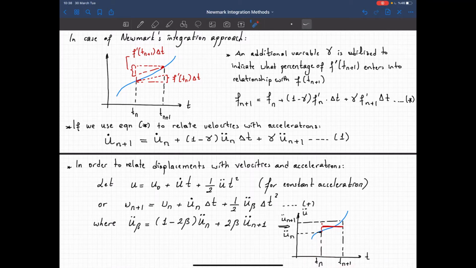The acceleration at Tn plus 1 depends on your beta value. So again, we have a still constant acceleration, but how we do the averaging between the acceleration at Tn and Tn plus 1 depends on this beta coefficient.